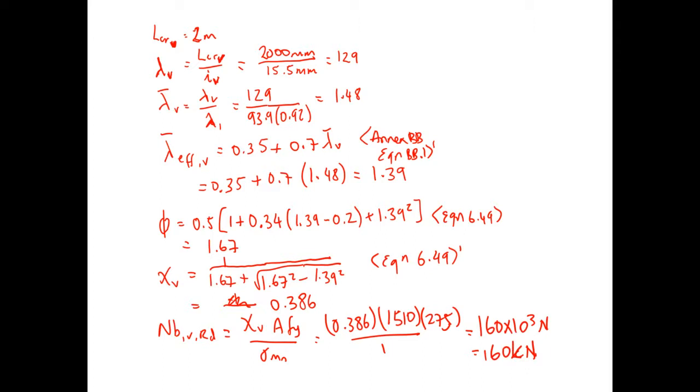Okay, so that's going to be the most critical out of all of those so far, obviously because it's smaller than the other two. So for flexural lateral buckling, it's about the VV axis, which is 160 kilonewtons is the capacity. Okay, so now we need to check for torsional buckling and torsional flexural buckling.